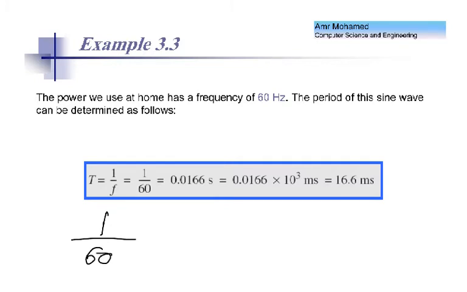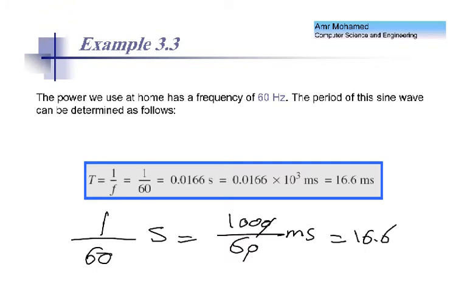Okay? 1 over 60 seconds. If I want to represent it using milliseconds, it would be 1000 over 60 milliseconds. Right? So by simple division, this is actually 16.6 milliseconds. Okay.